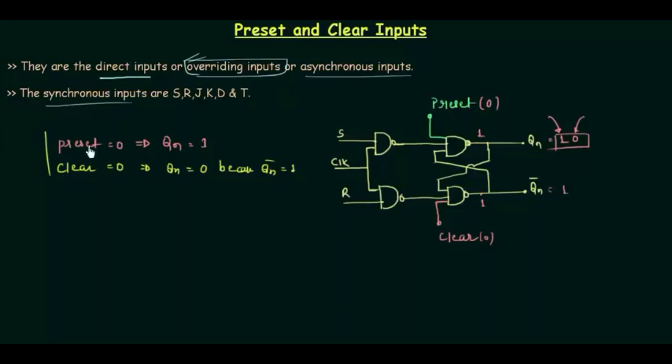So this is an important thing that you have to keep in your mind. Qn is equal to 1 and Qn is equal to 0 when preset is 0 and clear is 0 respectively, and it will not see what is the value of S, R, J, K, D and T, or whatever be the value of clock. It is going to give this output.